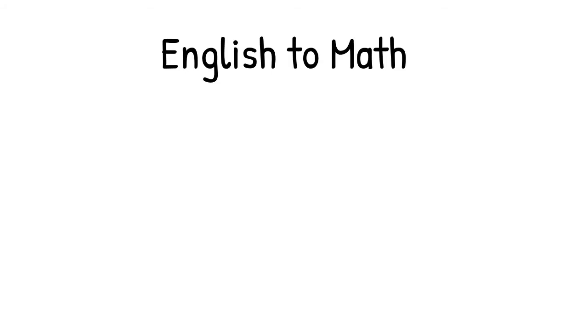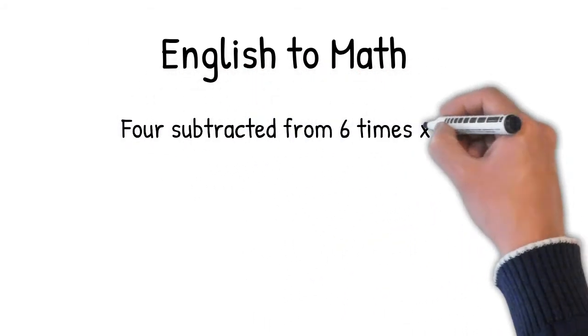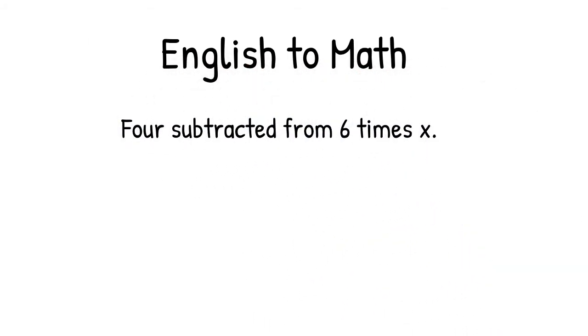I want to do one more that has to do with subtraction and show you how it is important to have the right order. The same would also be true if we had to do division, but generally the subtraction is harder to translate. So let's look at the problem in English. 4 subtracted from 6 times x. Again, working in reverse. This time the variable is given to us.